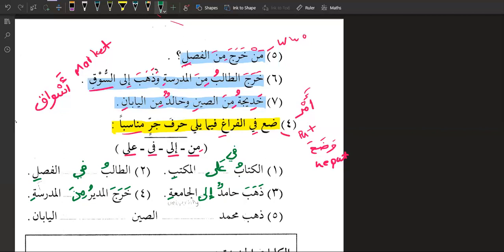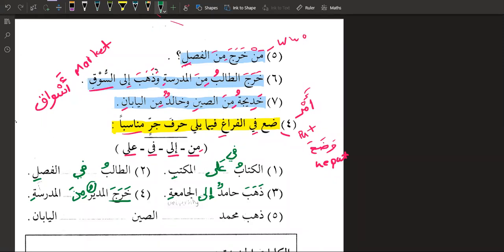It should be المدير, because there's no reason why it would change from its origin. So its original state is always a dhamma. The verbs don't change the words. So خرج المدير من المدرسة. So the teacher left from the school.